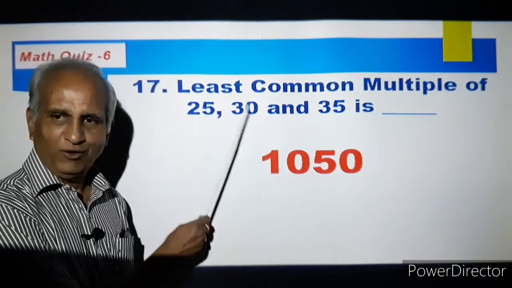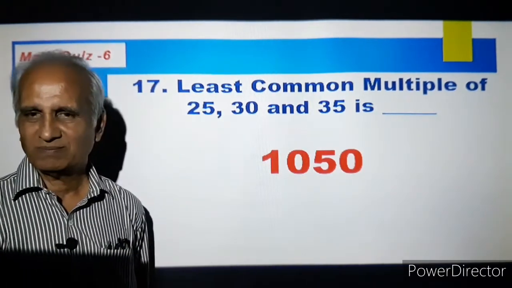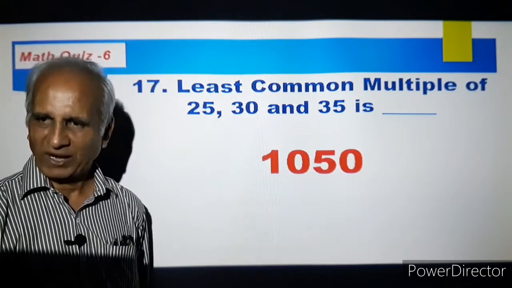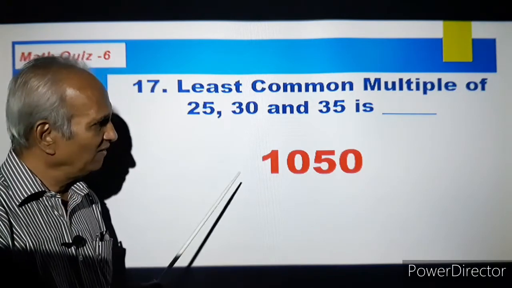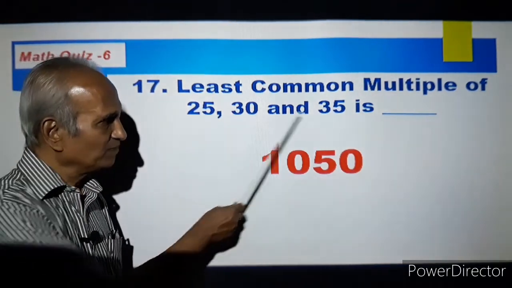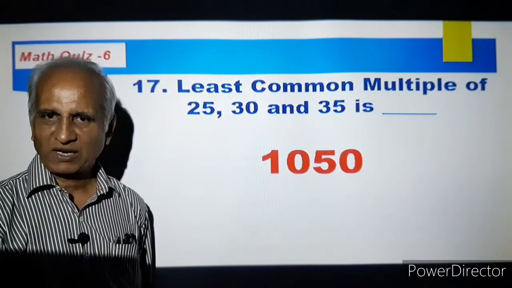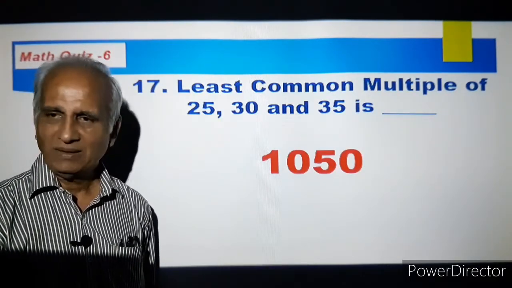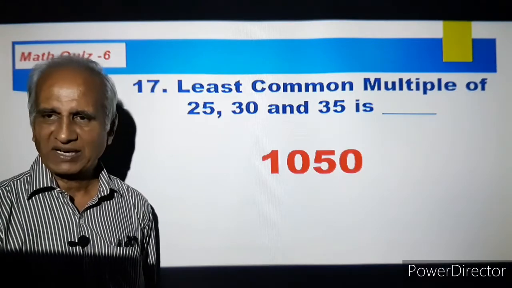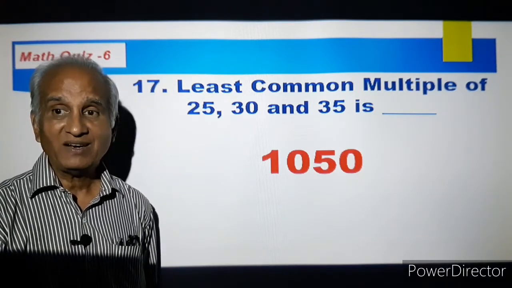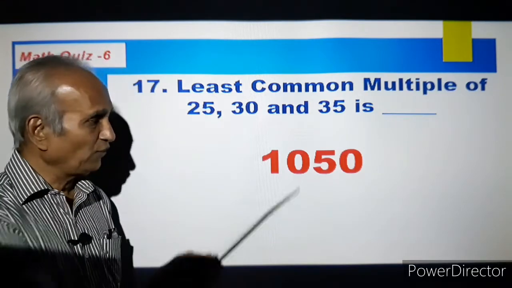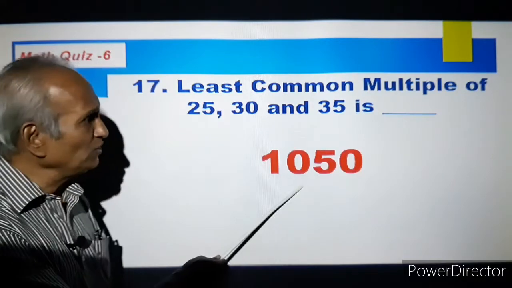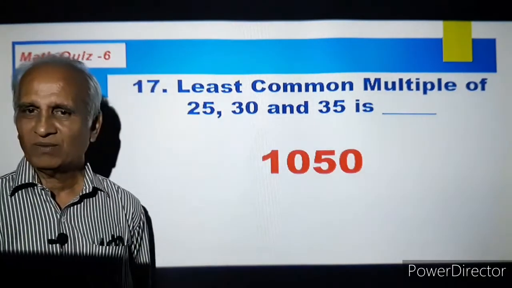So the factors are 5, 6, 7, and there is a common factor 5. Common factor 5. 5 into 6 is 30. 30 into 7 is 210. 210 into 5 will be 1050. Now 1050 is the LCM.